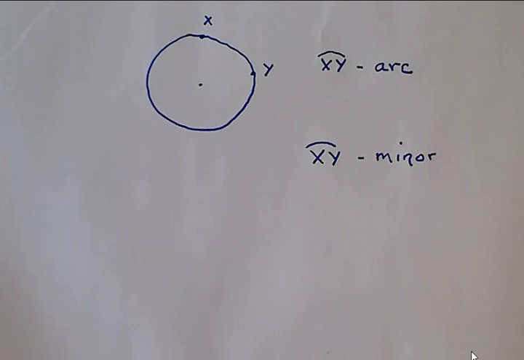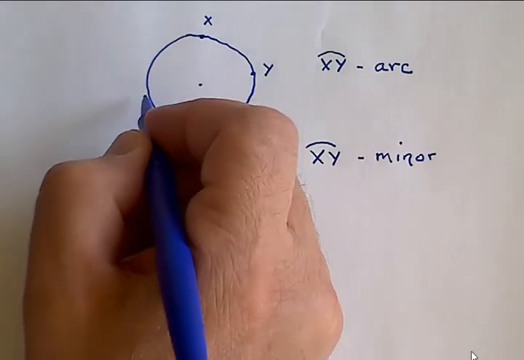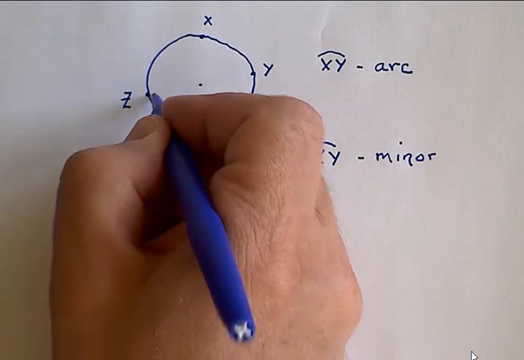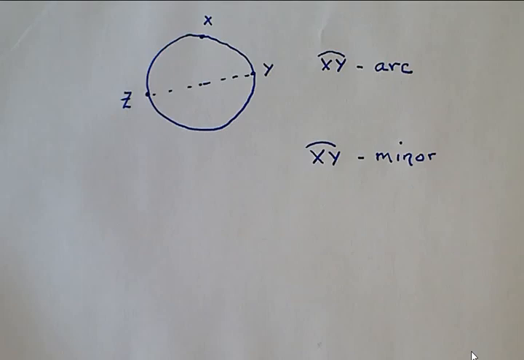Now, let's designate some other points up here. If I go through Y and through the center and find the other point over here, here's Z. By creating that diameter, I've now taken the circle and divided it into two semicircles. That means that I have a new type of arc, and therefore a new manner in which I need to name it.